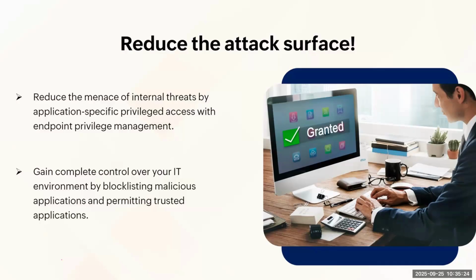So when you provide privilege access with specific applications, you reduce the attack surface, you reduce how much that internal threat is able to escalate his privilege. Maybe he can have privilege to one application, but not all applications.